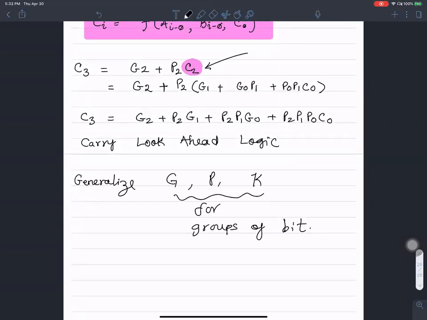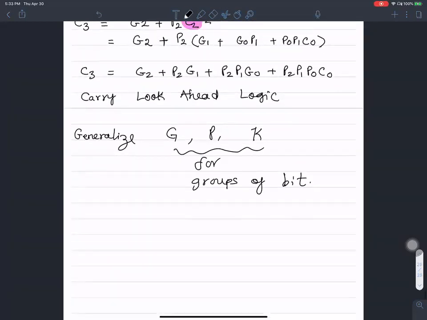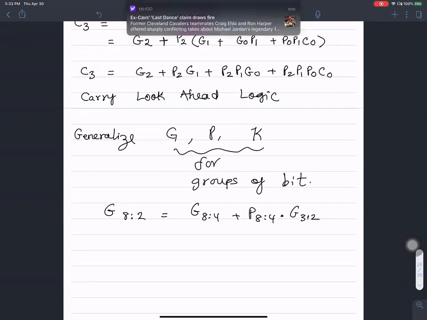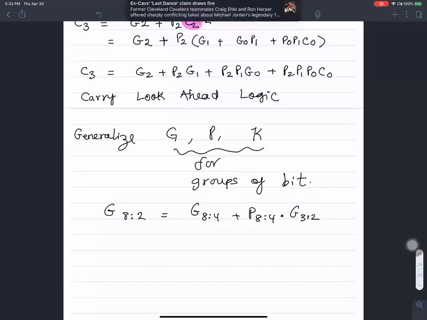Group generates, group propagates, for example, generate for bits 8 through 2 can be expressed as generate for 8 through 4 plus propagate 8 through 4 times G3 to 2. So you can express generates, propagates, and kill terms for groups of bits taken together. And then you can look ahead the carry for those groups of bits.